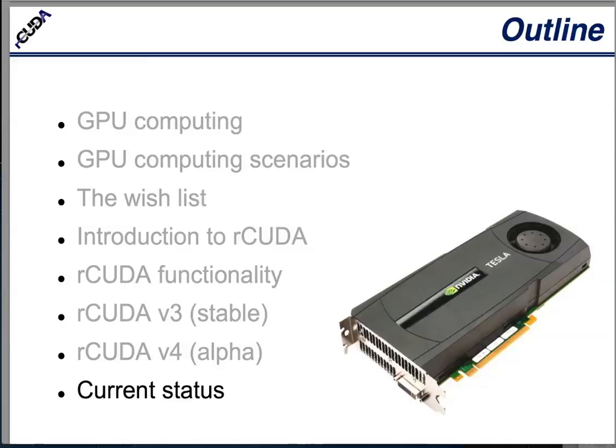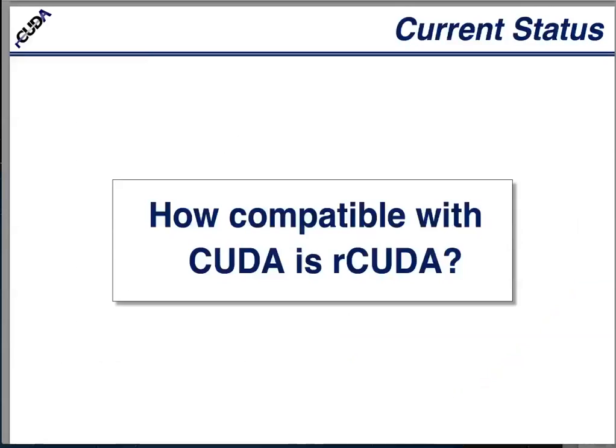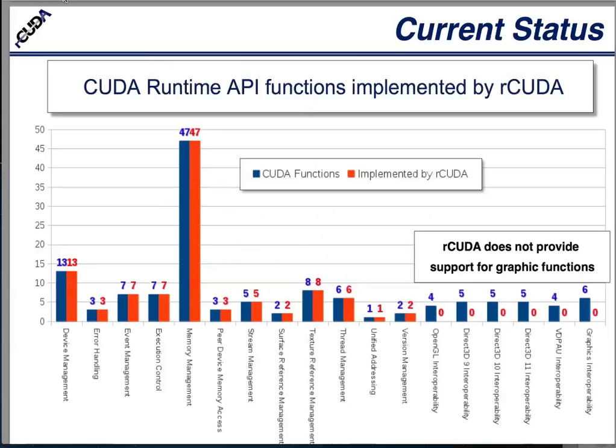Well, what's the current status of our development? How compatible is rCUDA with CUDA? We support the whole runtime API, excluding graphics interoperability. I mean, functions related to Direct3D and OpenGL interoperability.